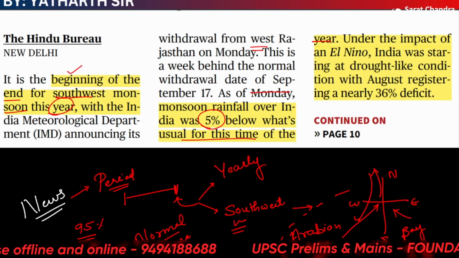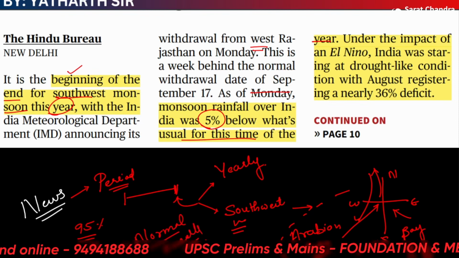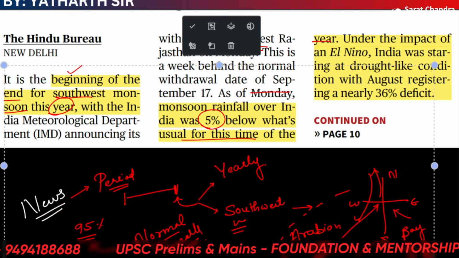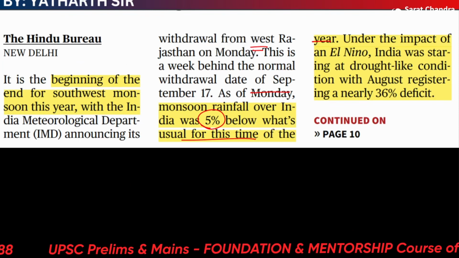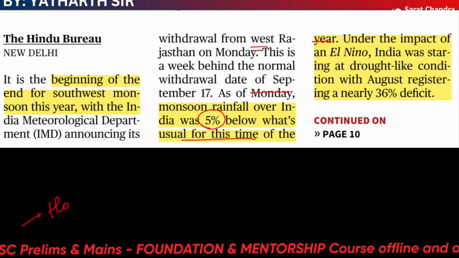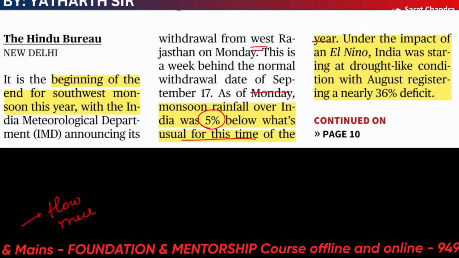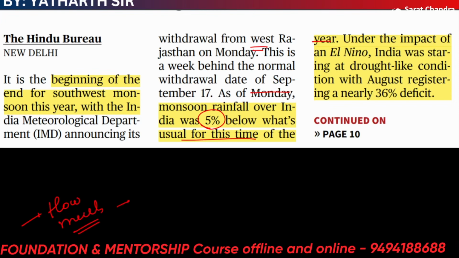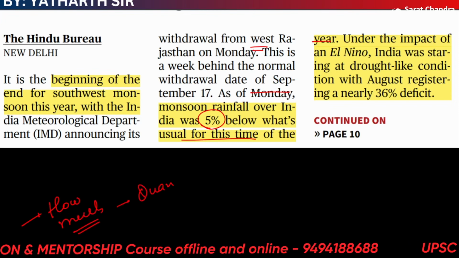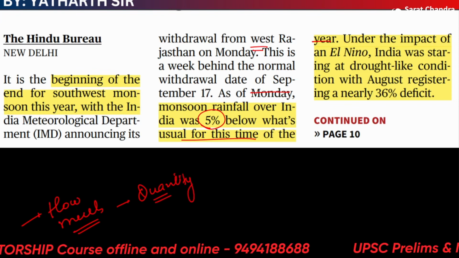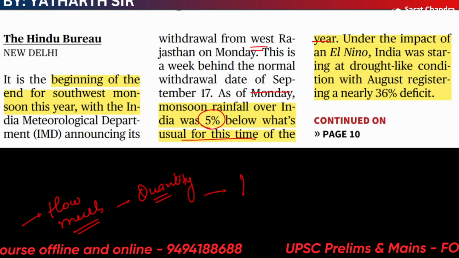Overall, I hope you all know that the problem right now is not so much with how much it is raining or with the quantity of rainfall. The problem is with the distribution of rainfall.